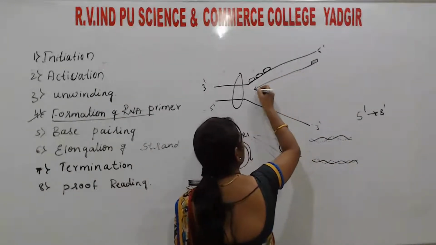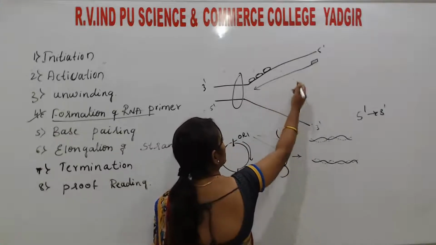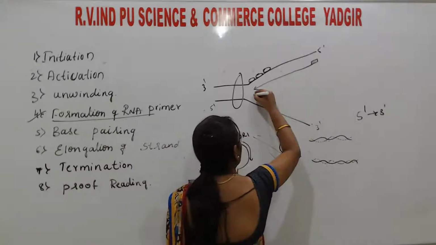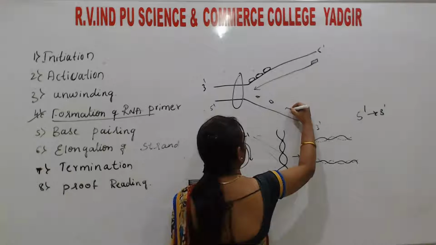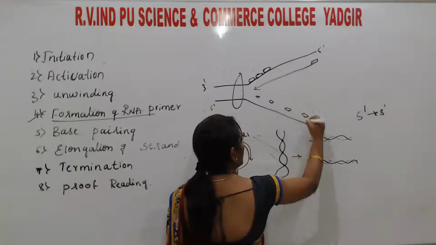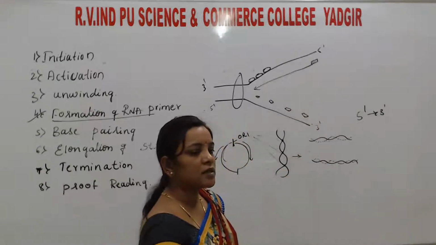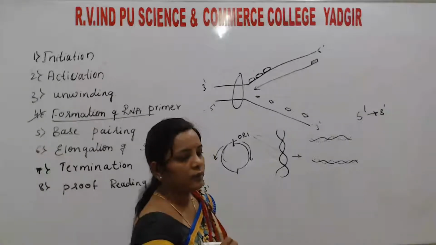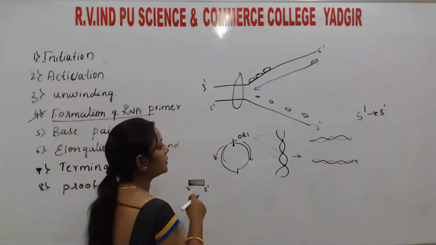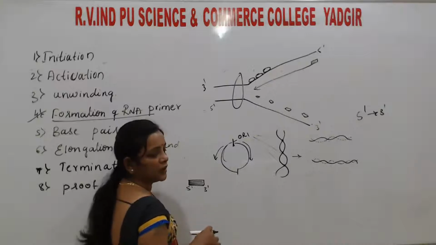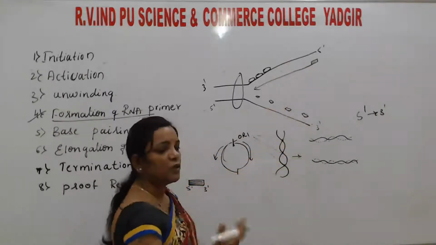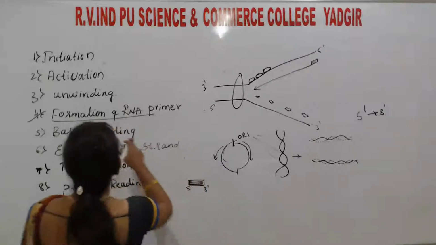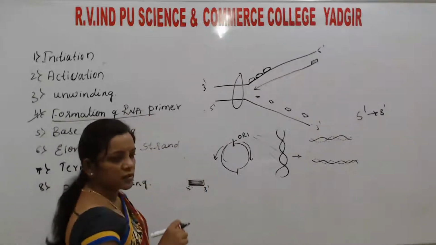Here RNA is synthesized in the 5 prime to 3 prime direction. The RNA primer is synthesized from the DNA itself, but this RNA primer is responsible for the formation of the new strand. So the RNA primer is synthesized.